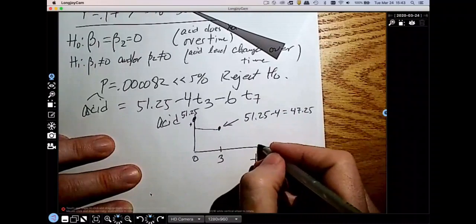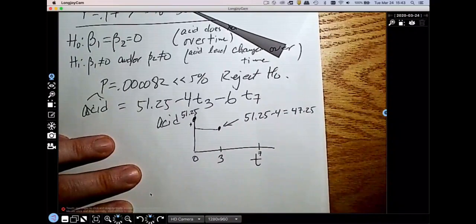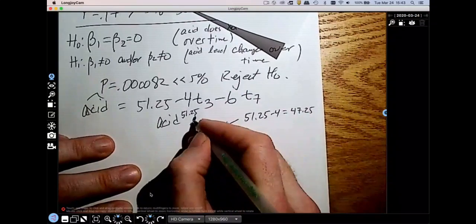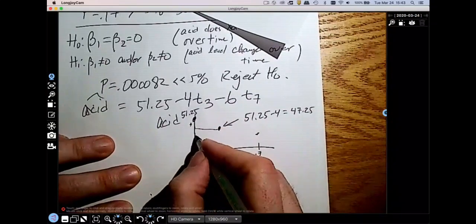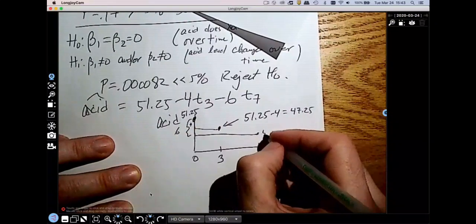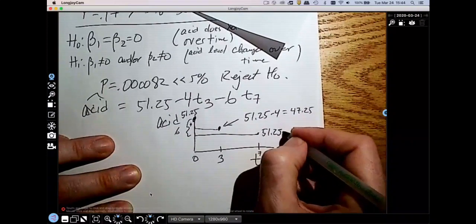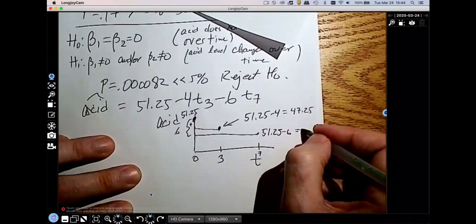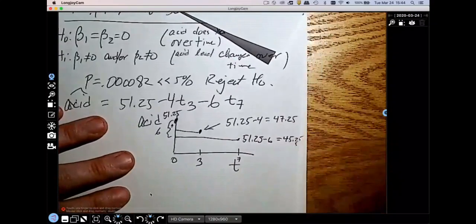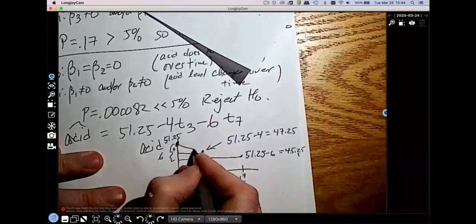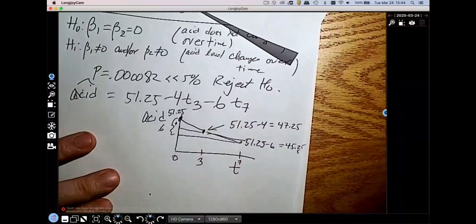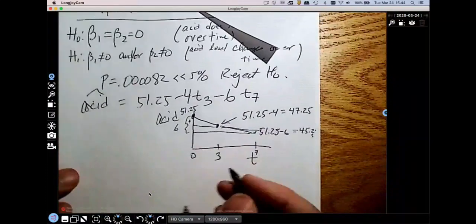If you wait 7 days, so let's go out here to 7, it looks like the acid level drops by 6. So the difference between those two is 2. So 51.25 minus 6 would be 45.25. It's a 5 there. So notice we really have a nonlinear relationship.